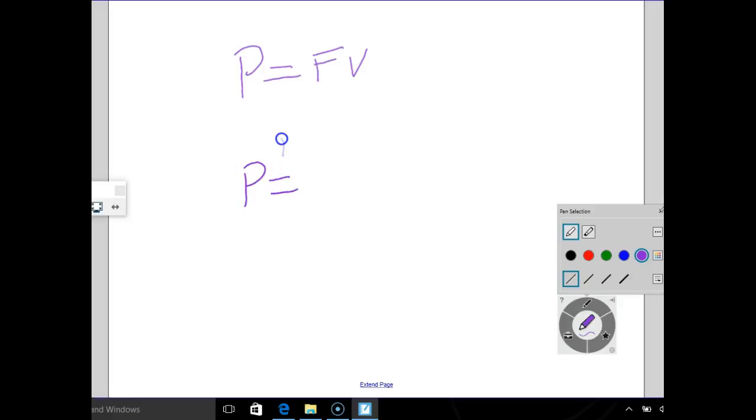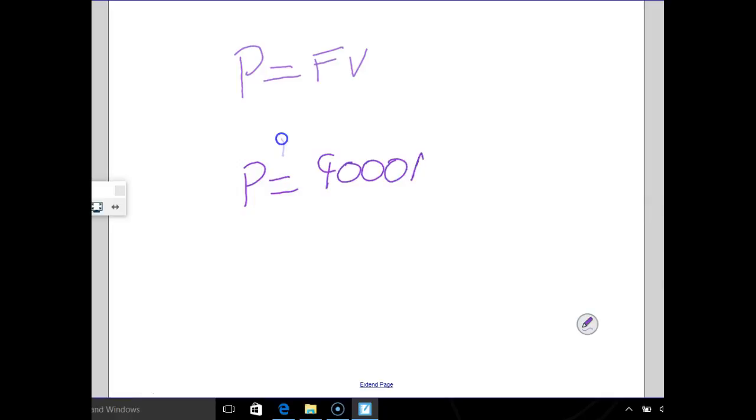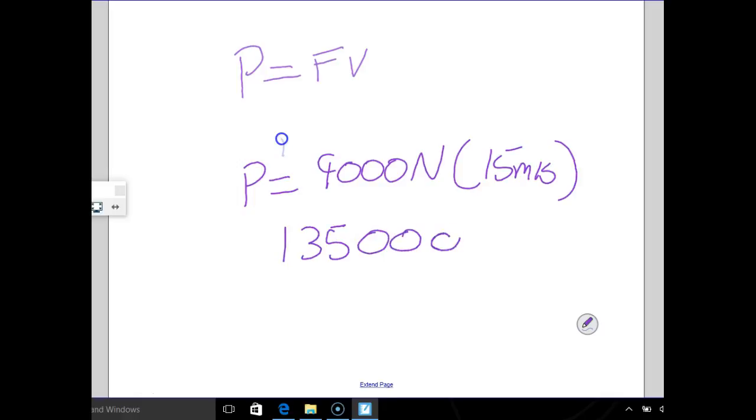P equals 9,000 newtons times 15 meters per second, which is going to give you 135,000 watts.